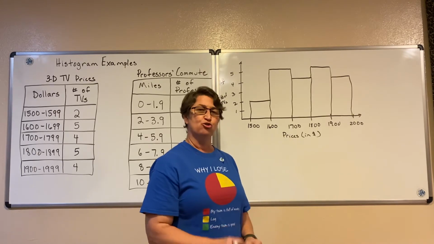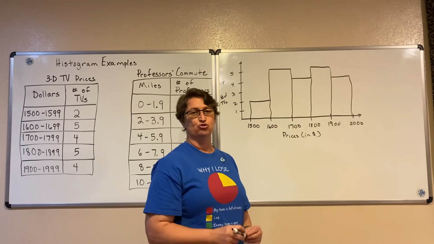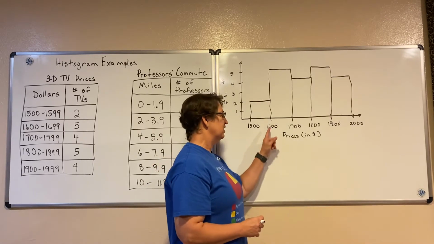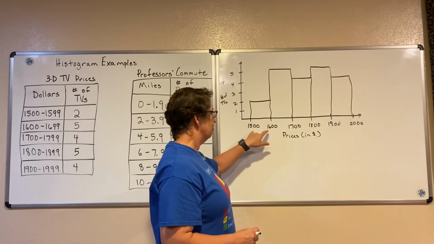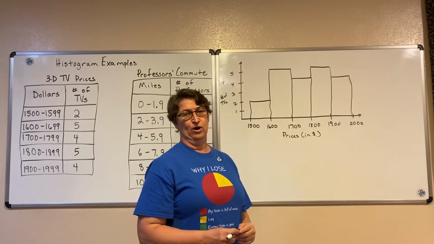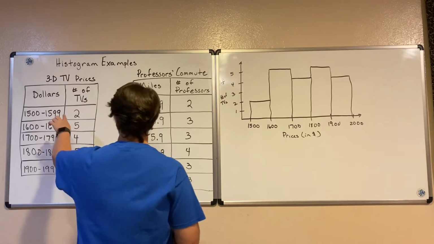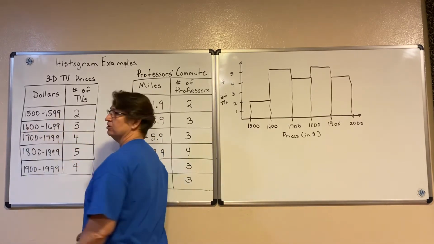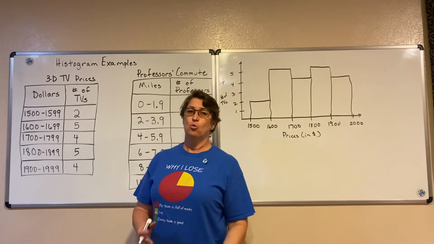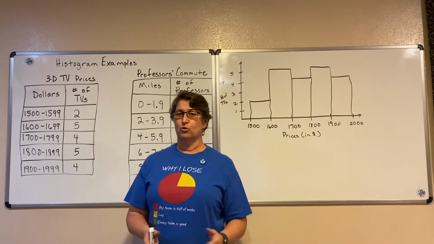But if I wanted to make this a little more precise for my reader, I wanted to make sure that my reader knew where that 1600 fell, I could make these values in here make it obvious where it falls. I could use the midpoint between here and there to show where each one of them falls. Here's what I mean.